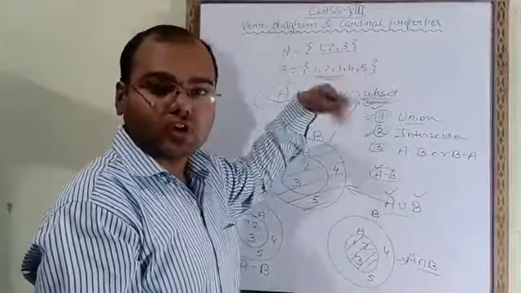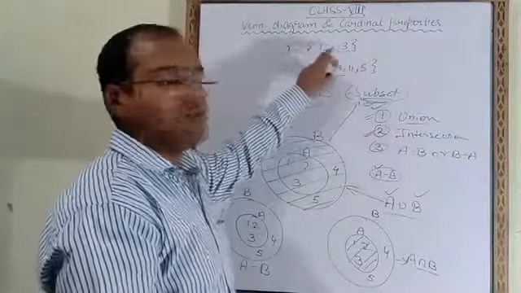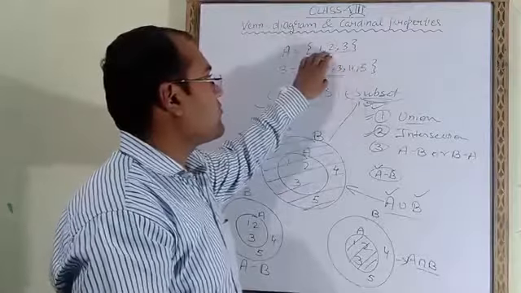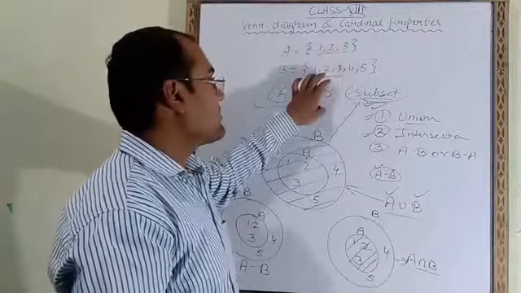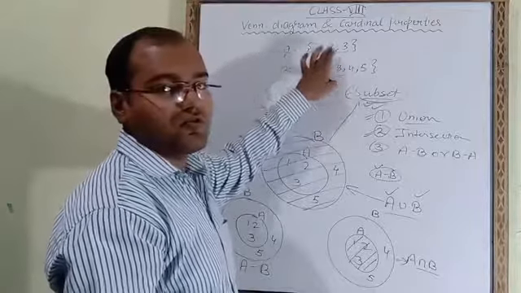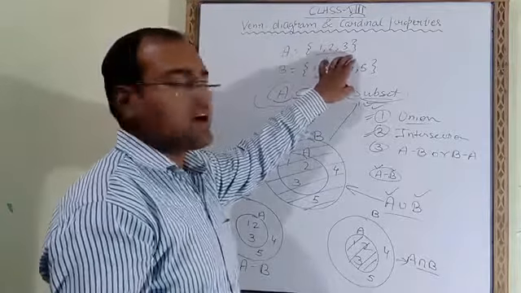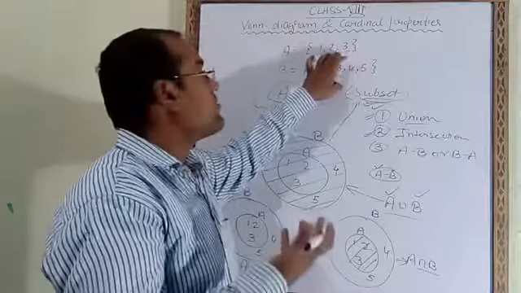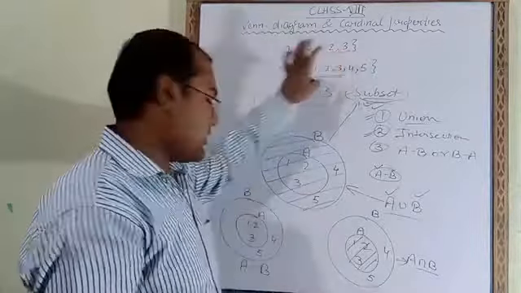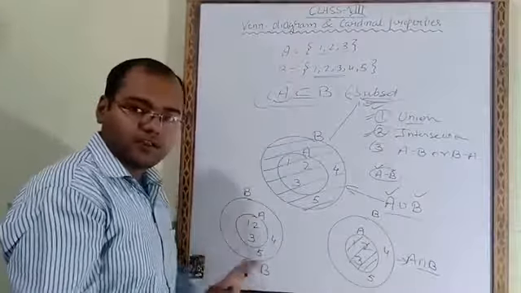All these we have to remove from A. If we remove all these elements from here, what will remain? Nothing will be there, because 1 we have removed, 2 we have removed, 3 we have removed, and 4 and 5 also we have to remove, but they are not in this A set. So no element will remain here. That's why we have not shaded anything here.